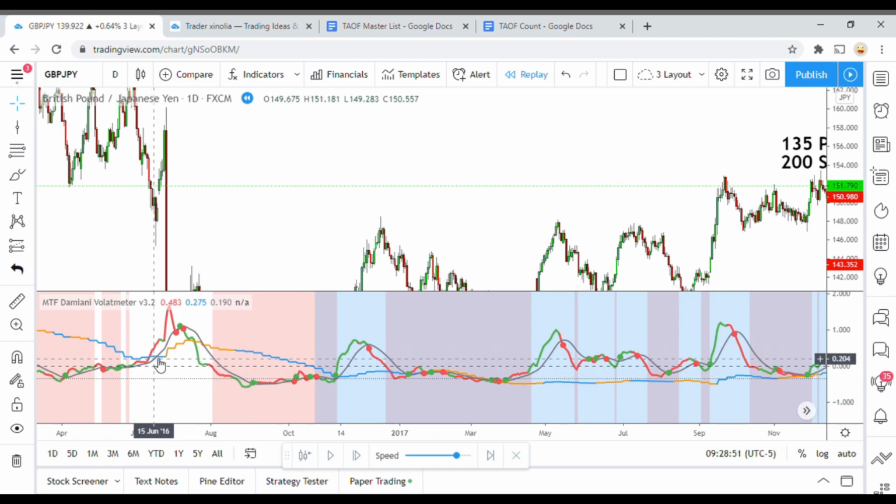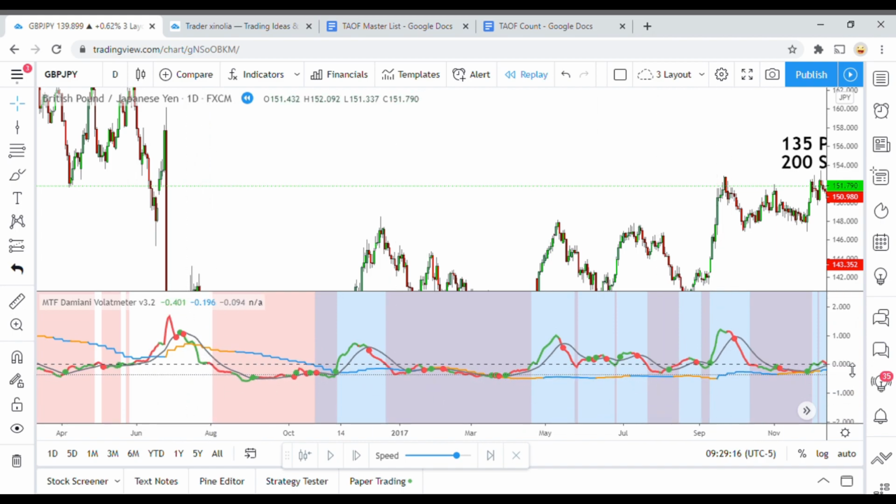When the blue and orange trend direction line, the trend analyzing line, is below the zero line, it paints the background as light blue. And when they are both below the zero line, it paints the background as purple. When they are both above the zero line, it paints the background as white.